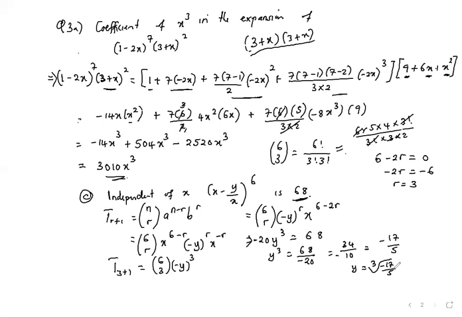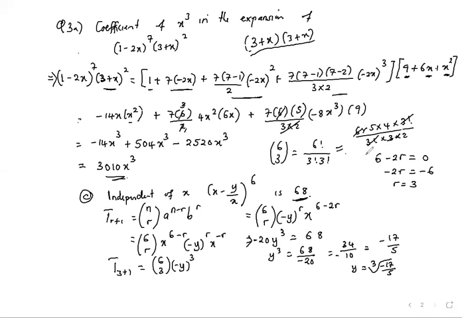I have a question. Okay. Where is the negative 20 coming from? Y cubed is 68 divided by negative 20. Where is negative 20 coming from?